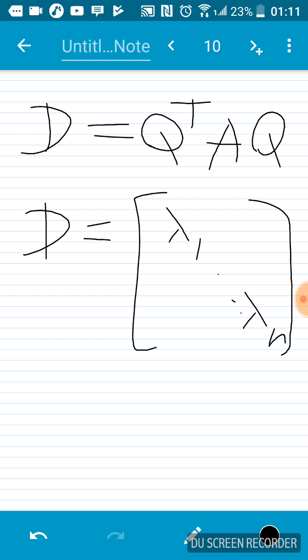Additionally, it is not a defective matrix. That's why symmetric matrices have real eigenvalues and real eigenvectors, and are not defective.